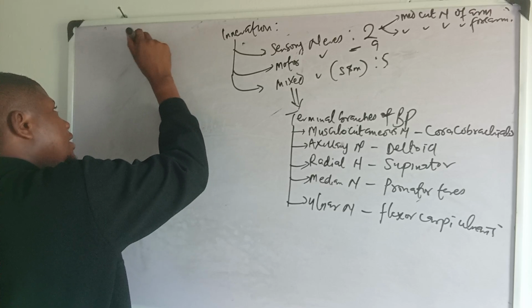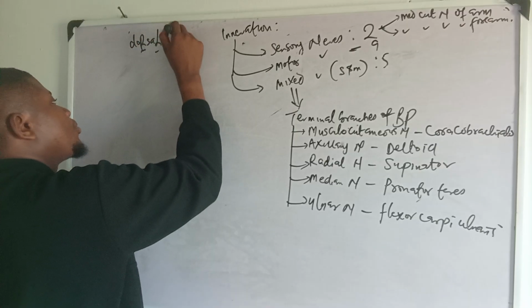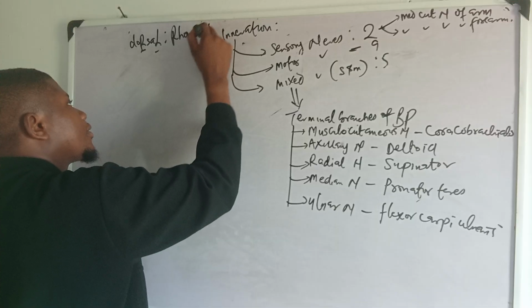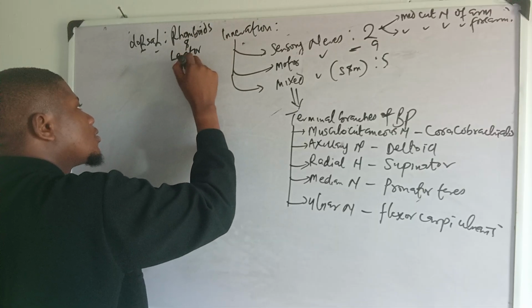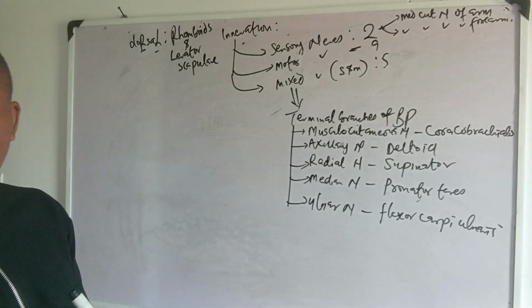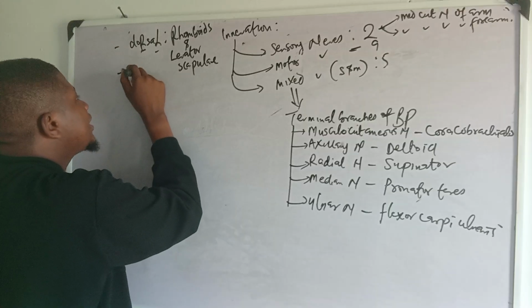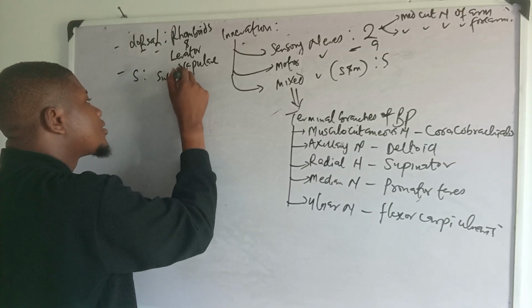Let me tell you how I remember it. R and S: the rhomboids and levator scapulae. So for the rhomboids, you have rhomboid major and minor. Then D S: nerve to subclavius, obviously the subclavius.